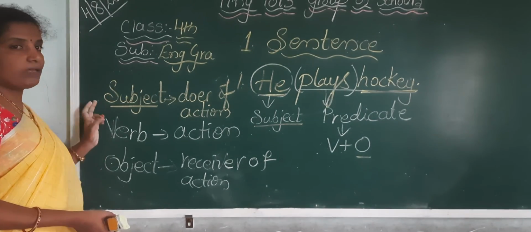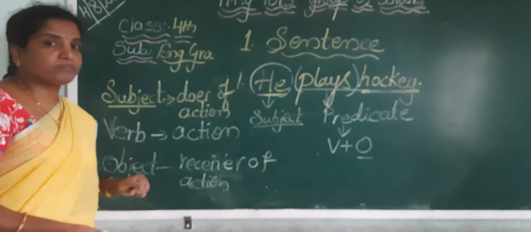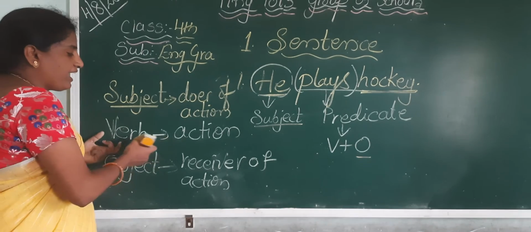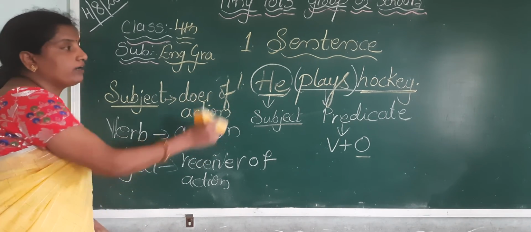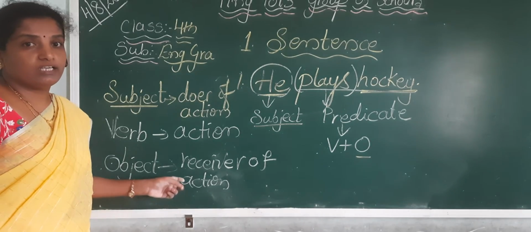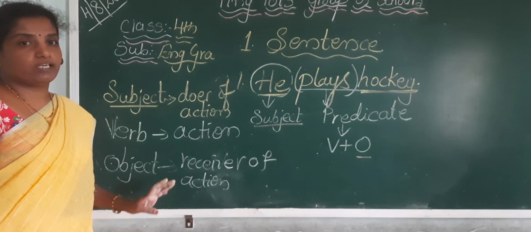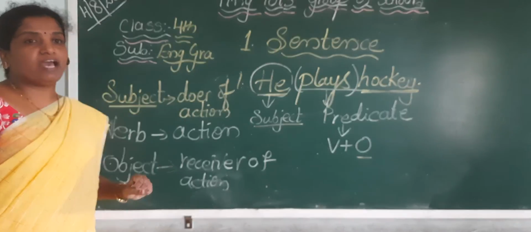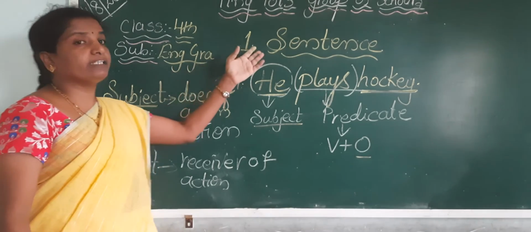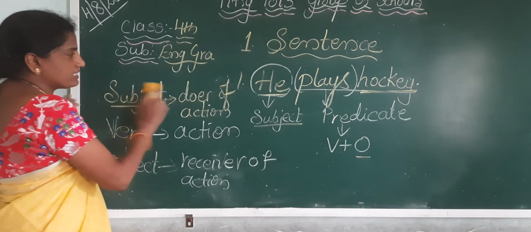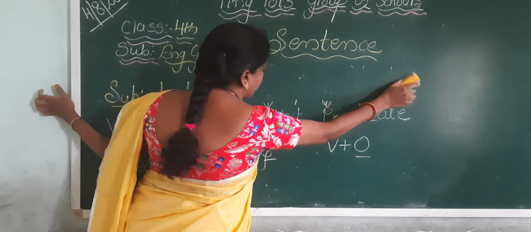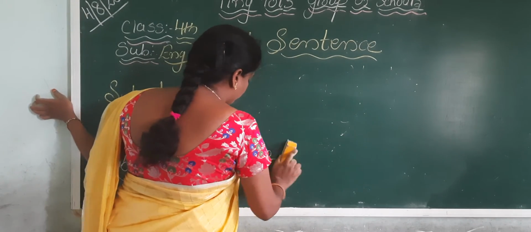See here, subject means one who performs the action, and the action itself is known as the verb, and the receiver of the action is known as the object. In this class, what have we learned, children? We have learned the sentence. What is a sentence? Let us revise the definition of the sentence again, then I will go further.